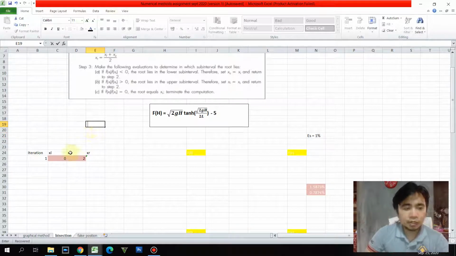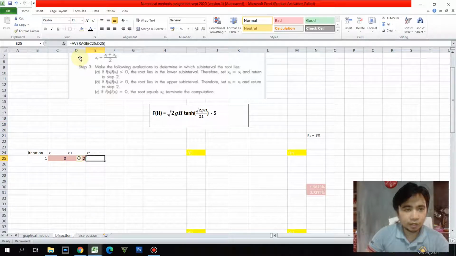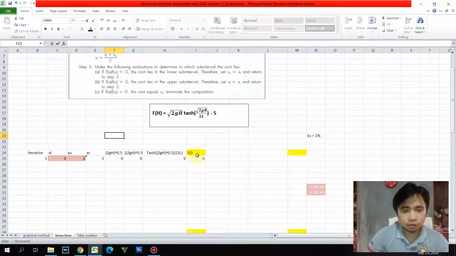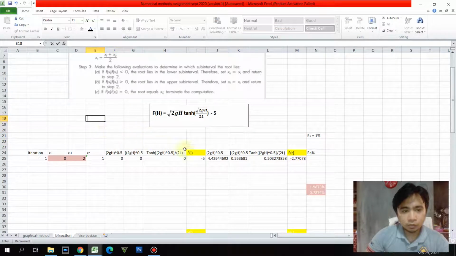So having my initial xl and xu, 0 to 2, we have an average of 1. Then we get the function of L and the function of R. We also consider true error, estimated error. So we are not using the true error because again, we do not have any given true value here.